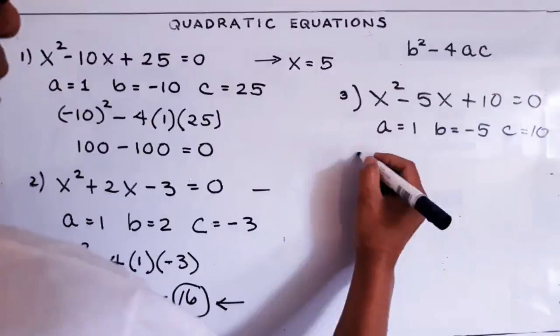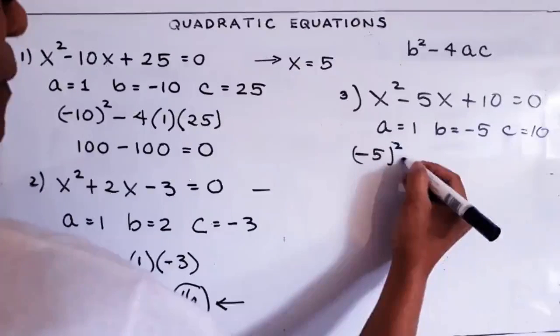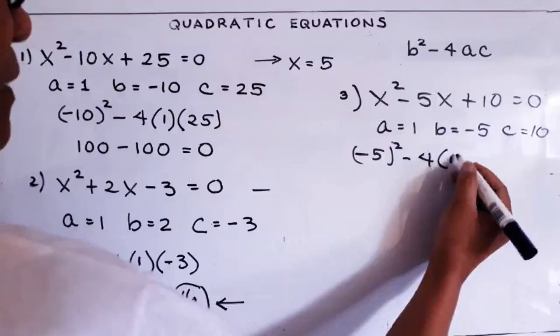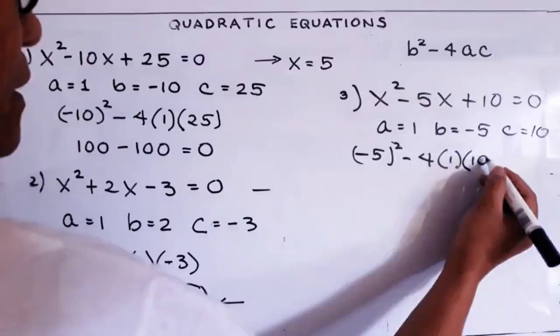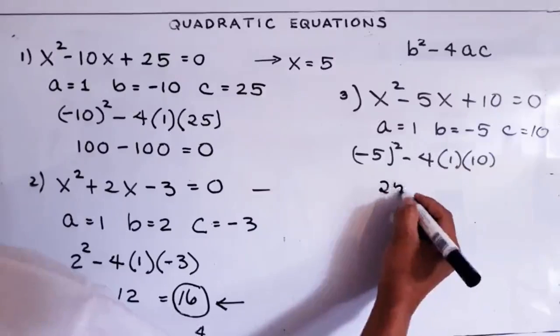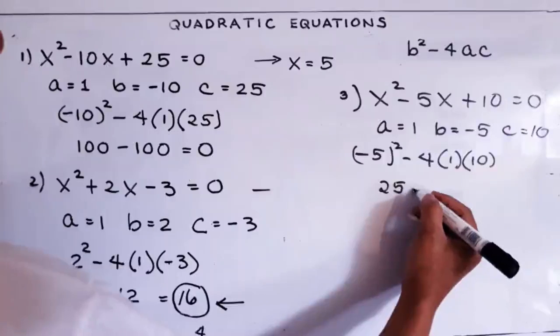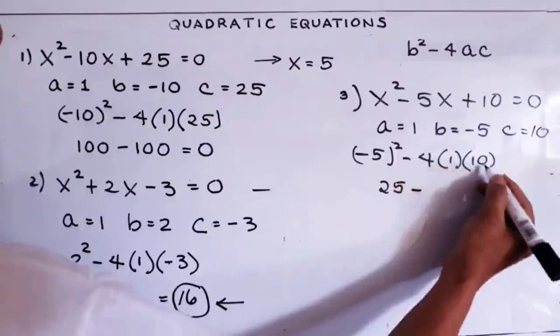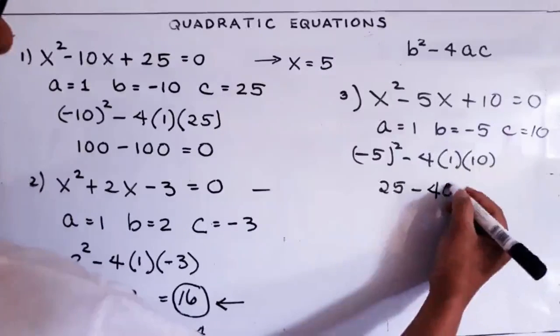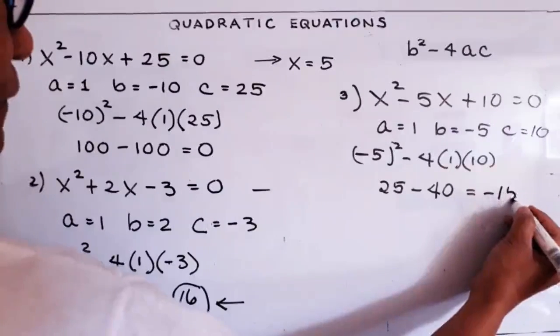Alright, b is negative 5 squared minus 4 times a times c. Negative 5 times negative 5 is 25. Negative, there is only one negative. 4 times 10 is 40. When we combine these, it gives us negative 15.